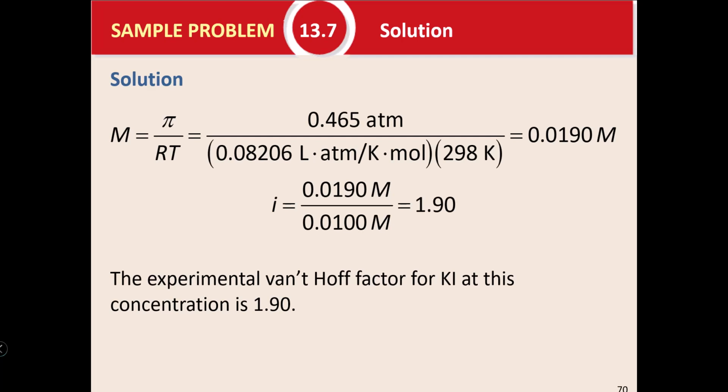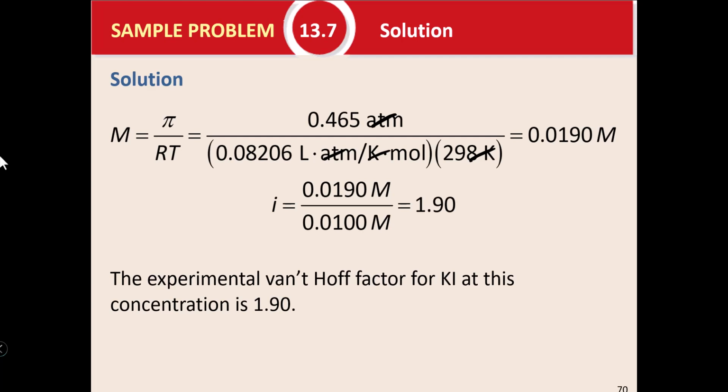So here we have the molarity of the ions. That's what they did. They calculated the molarity of the ions here. So pi over RT, 0.465 divided by RT. And what happens here is you can see that atmosphere cancels out, Kelvin cancels out.